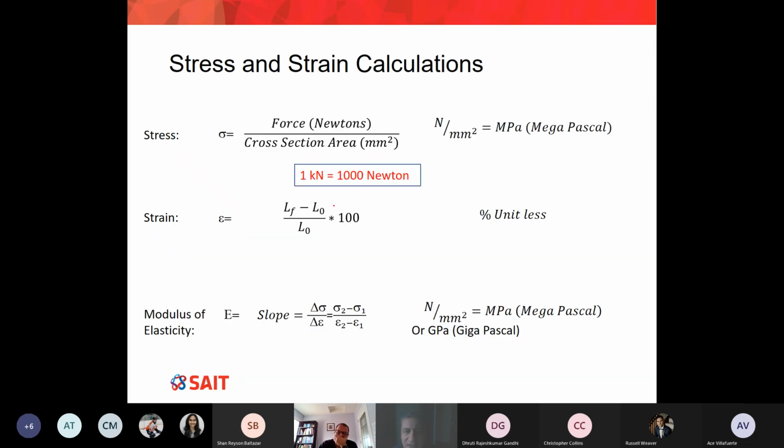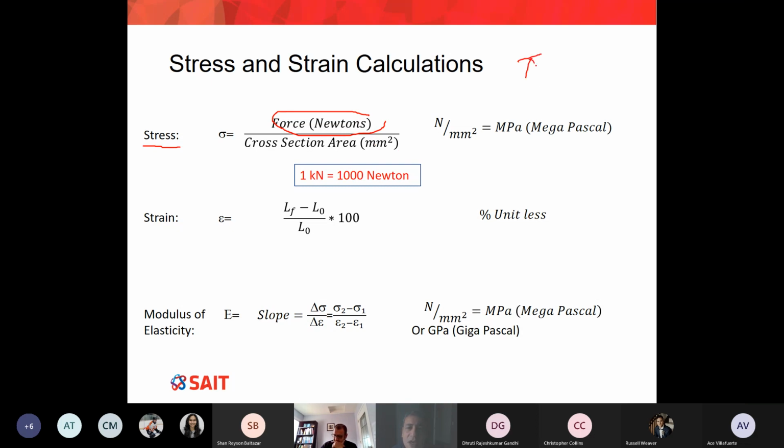Now here is some math I want you to understand. Number one, I want to remind you, because that's not new, that the stress is calculated by dividing the force in Newton by the cross-section area in millimeter square. If the machine reads the force, and we're able to measure D node, the initial diameter, the machine can simply find the cross-section area, which is not super science.